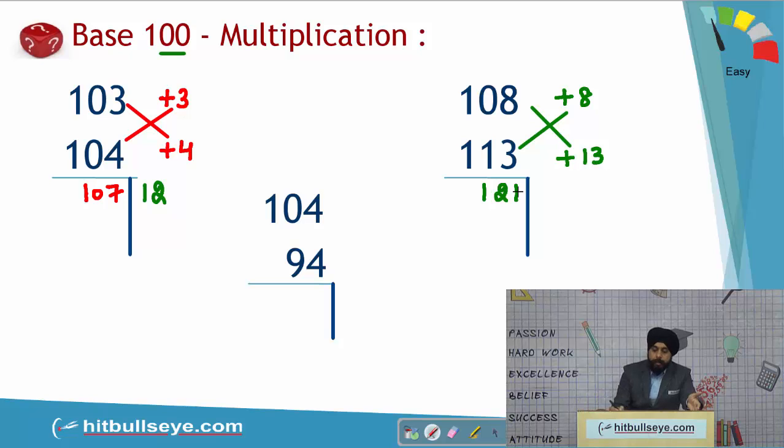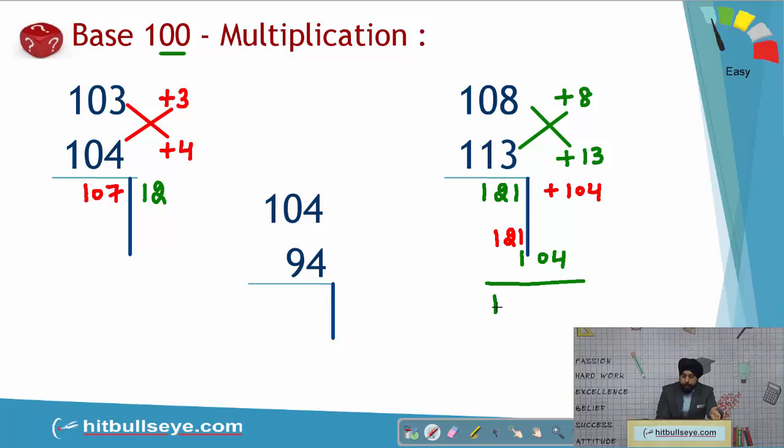It gives us 104. But mind it, we are supposed to write only 2 digits on the right hand side. So what will happen over here is 121, and this 104, 1 we will carry towards the left hand side, and our answer shall be 12204.